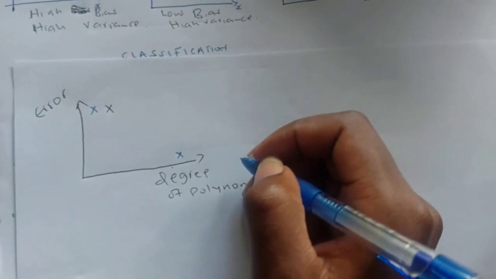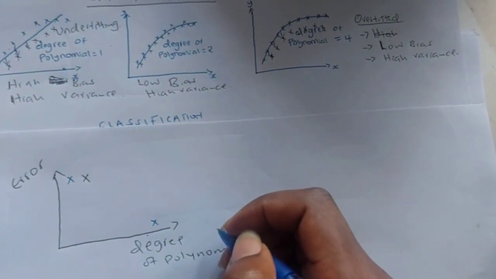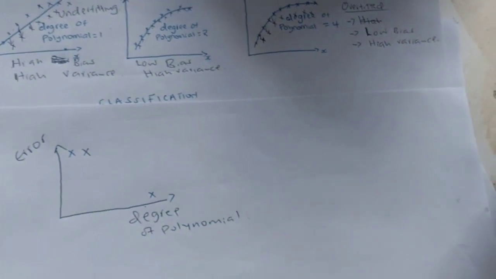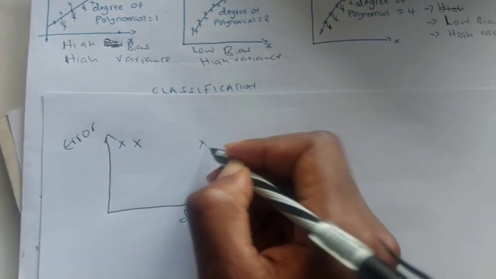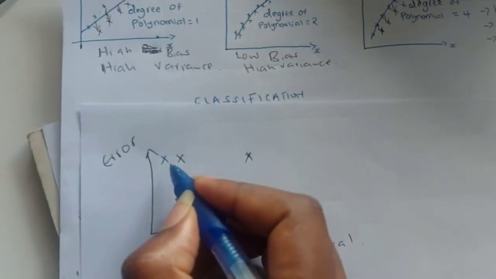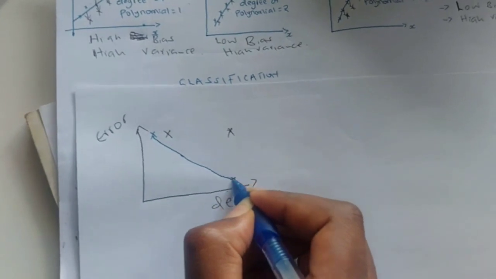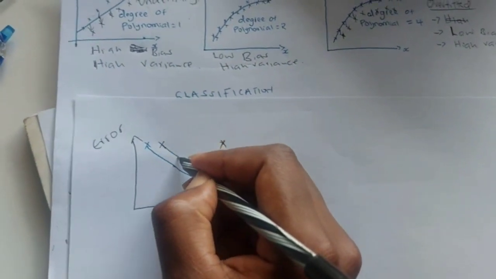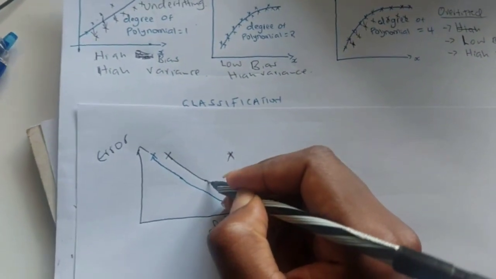But in our test dataset, it has a high variance, which means it has a high error in the test dataset. So we'll mark it with a black pen here. If we join them, it will be like this. This one will come like this to a certain point here, then it starts rising again.